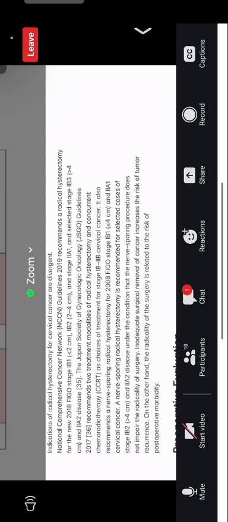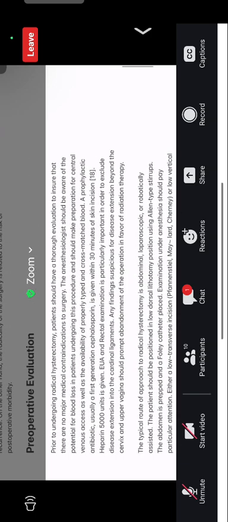And nerve-sparing radical hysterectomy is recommended for selected cases of 1B2, that is greater than 4 centimeters, and 2A2 patients, that means upper vagina with tumor more than 4 centimeters, provided the nerve-sparing procedure does not impair the radicality of the surgery.